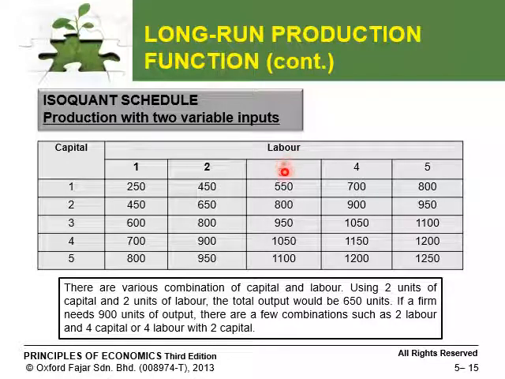When it comes to the long run production function, capital input that was originally referred to as a fixed input is already converted into a variable input. Remember, in long run production, fixed input will be converted into variable input in order to make the production more flexible. So that is the reason why you see capital can be 1, 2, 3, 4, 5, because it becomes flexible and variable.